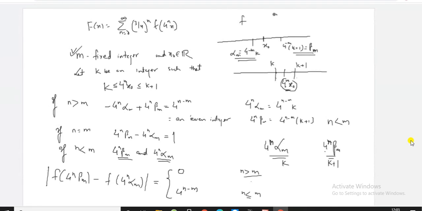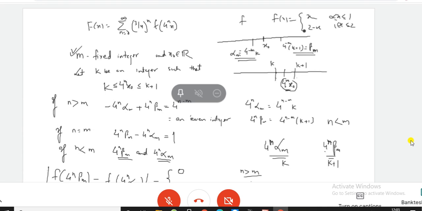In fact your f(x) was defined as x when x lies between 0 and 1, and when x lies between 1 and 2 its value is 2 minus x, right?